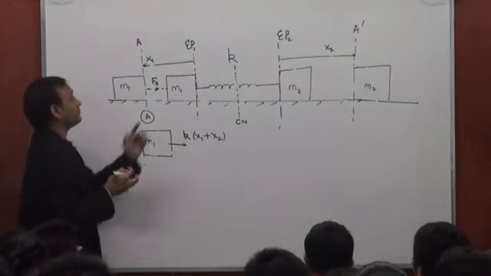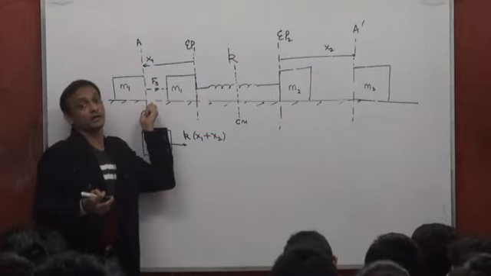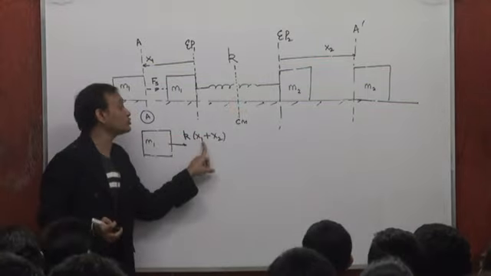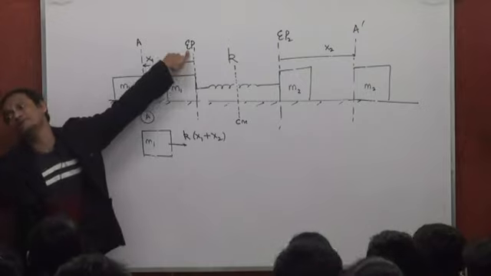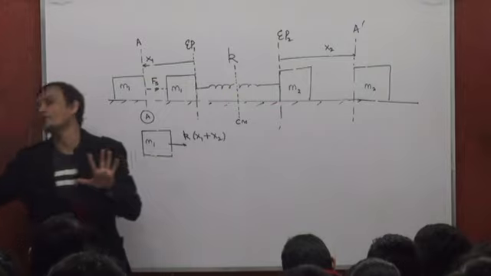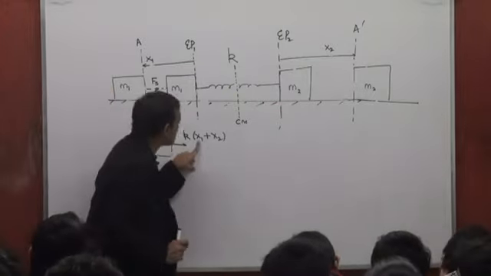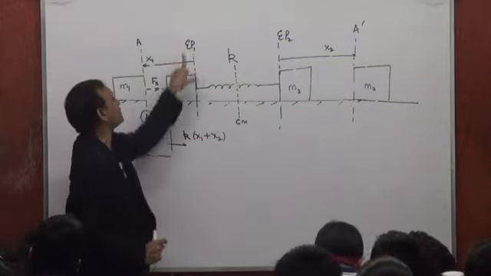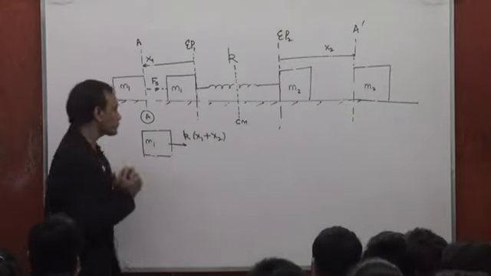Right? And needless to say, if I have pulled the mass by an amount x1 to the left, the force acting on the mass is K into (x1 plus x2) to the right. And it's towards the equilibrium position, a position of no net force. Yes or no? So one thing for sure, it's a restoring force, and it takes place at an instant of time when the displacement of mass m1 with respect to the equilibrium position is x1. Right? So far so good.